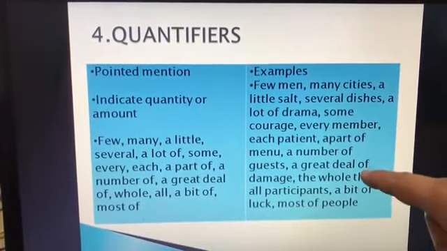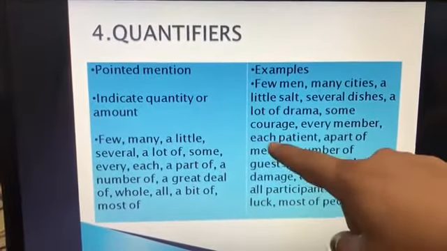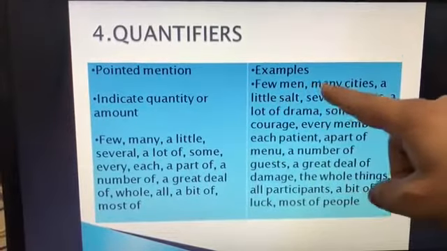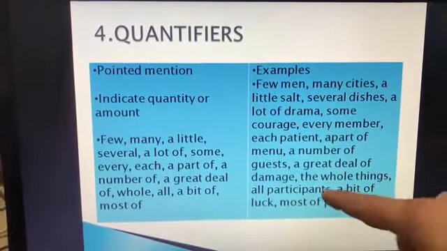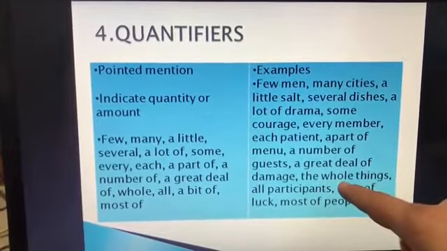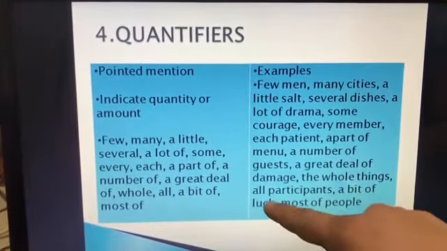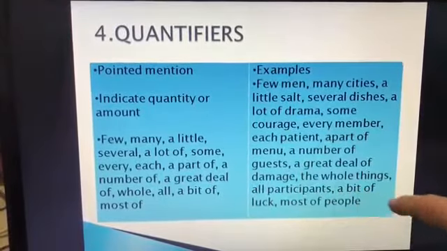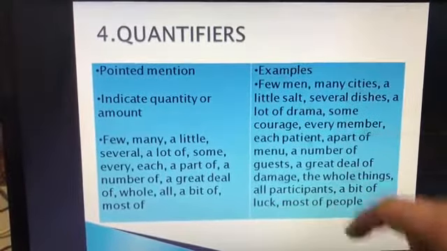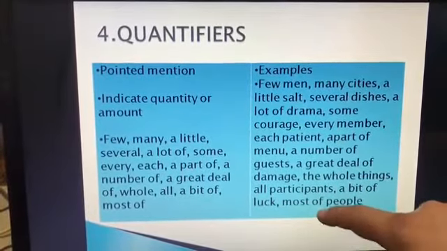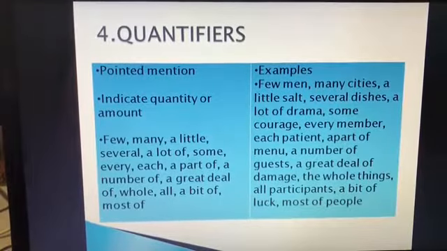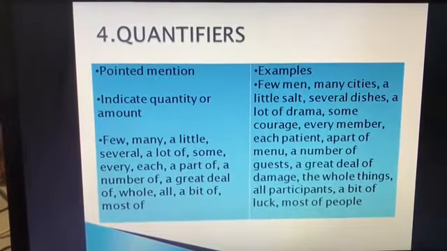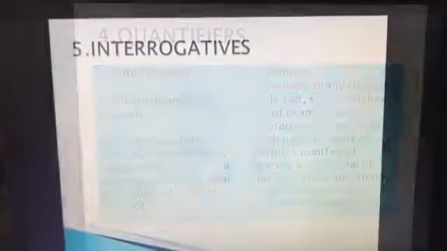So a great deal of, then each, every, few, many, these all are quantifiers. The whole is quantifier. All participants, here all is quantifier. A bit of luck, a bit of is quantifier, and most of people में most क्या है? Quantifier. So all these are the example of quantifiers which come under determiners.